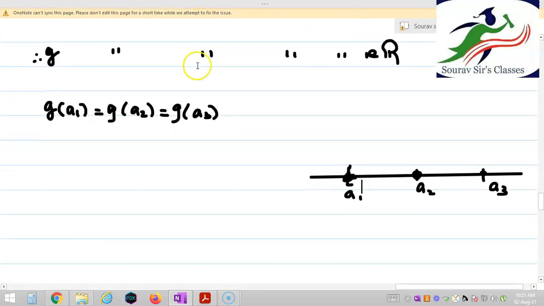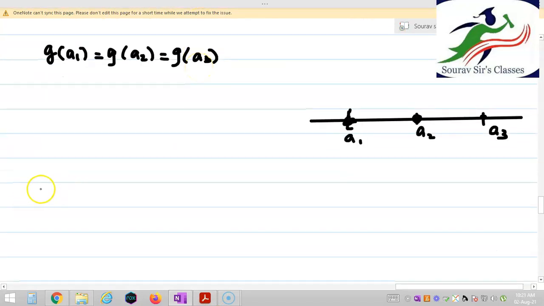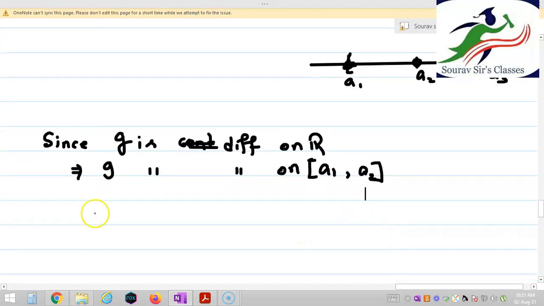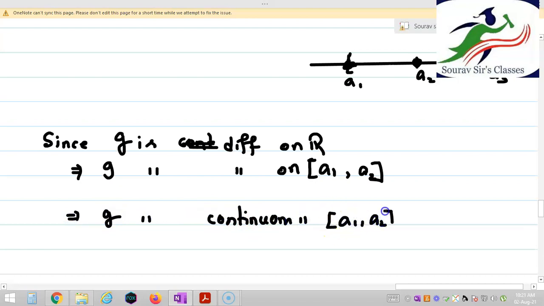So now, since g is differentiable on R, it will imply g is differentiable on closed interval [a1, a2]. It will imply g is continuous on closed interval [a1, a2].